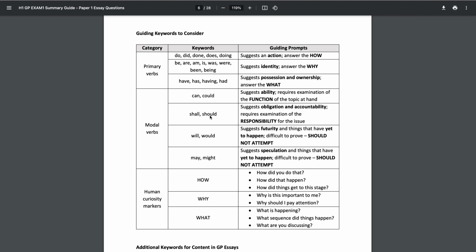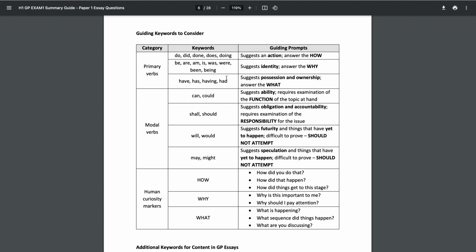You can't. Shouldn't attempt. May, might is speculative. So this may happen, that might happen. How do you know? Same thing. You don't know if it will really happen. So why are you arguing for something that you don't know? So shouldn't attempt.